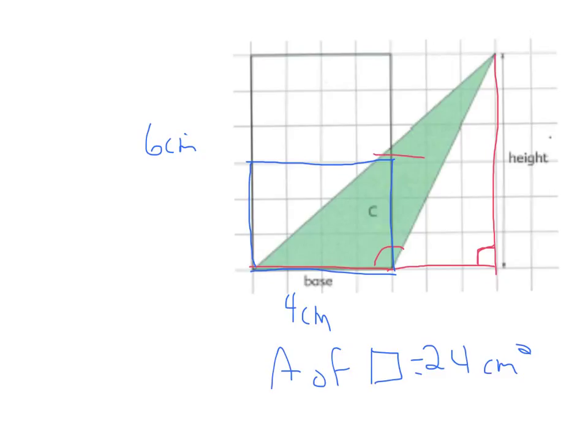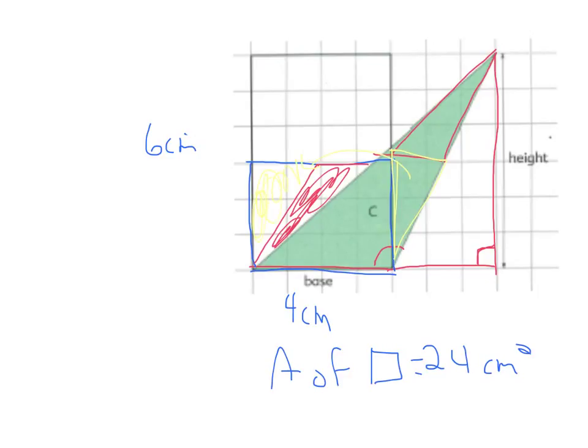But if I took this triangle and I could cut it and turn it, it would fit in here. And then this triangle right here that I'm doing in this yellowish color, I could slide it and it would actually fit in here.